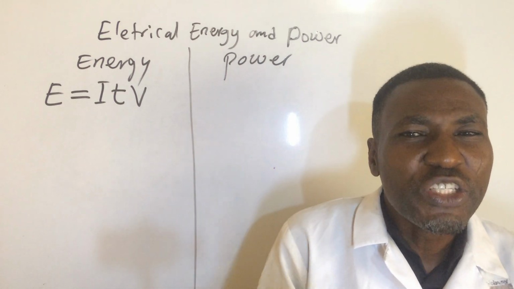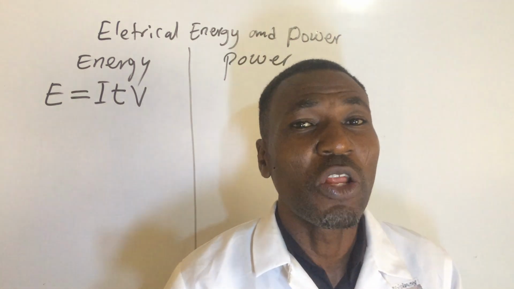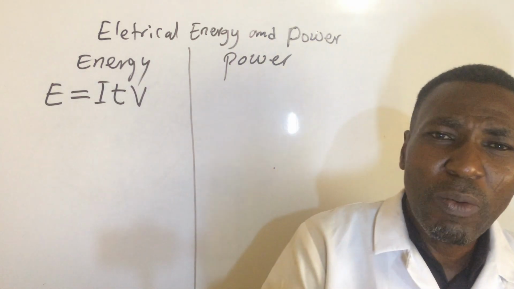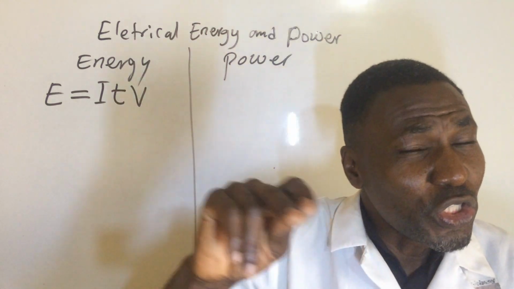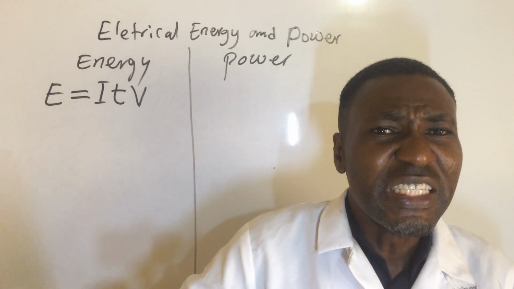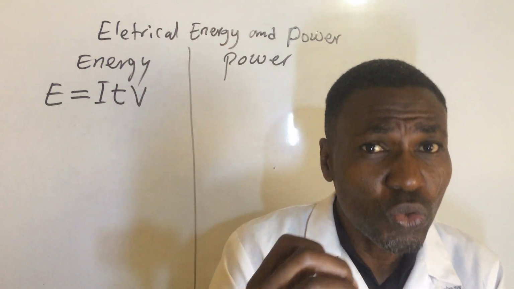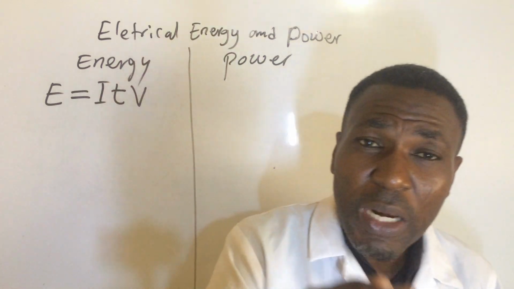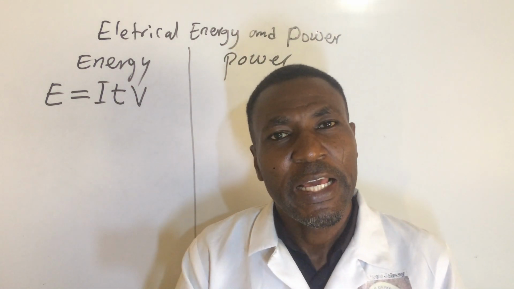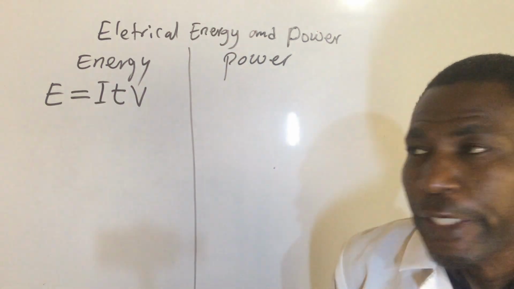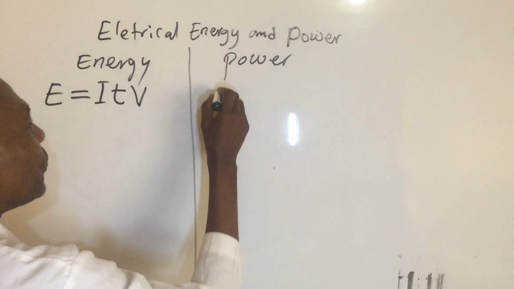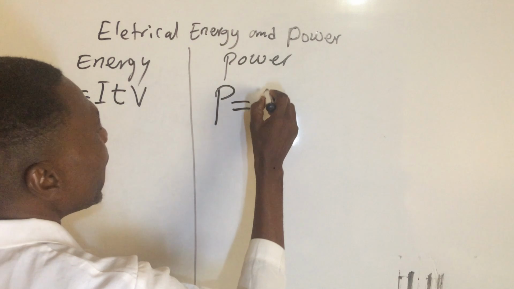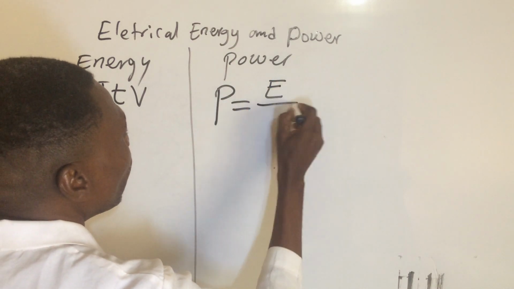But if it is doing it slowly, it can consume a lot of time. So electrical power is the rate of doing the work. It is the rate of consuming electrical energy to do the work. So the formula we use to calculate electrical power is, let me use P to stand for electrical power, right? P is equal to electrical energy over time.